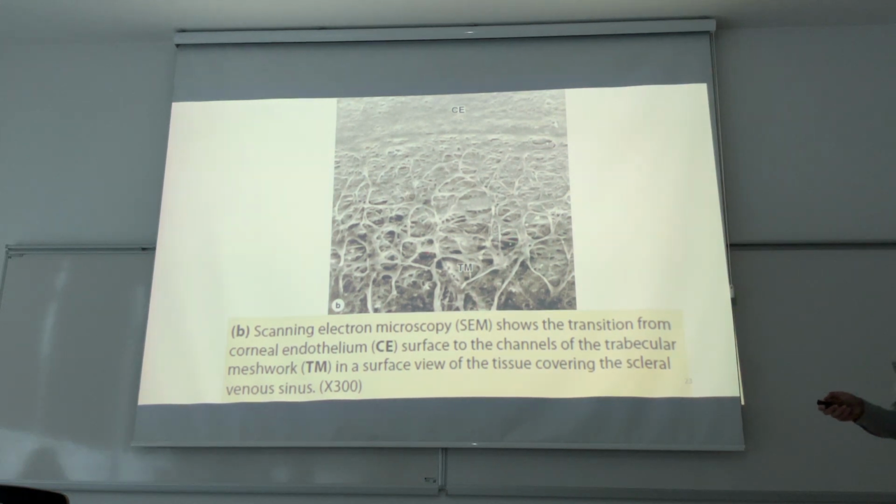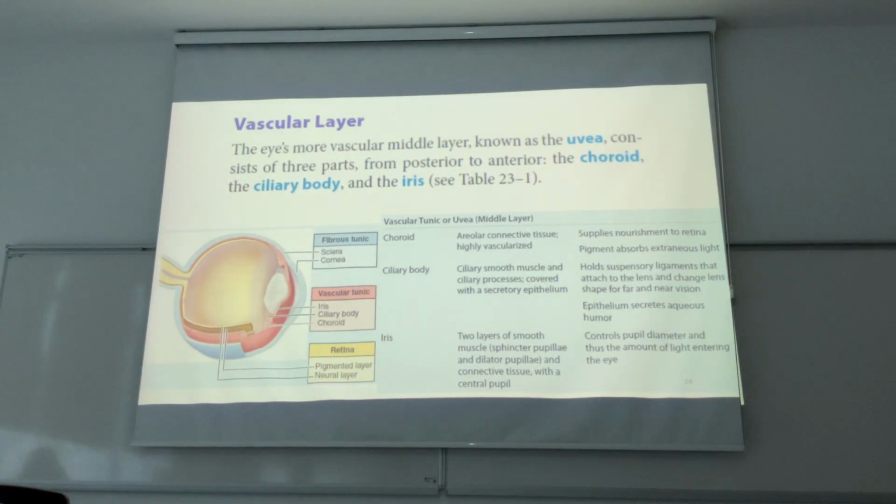These channels fill with fluid, and the fluid of the anterior chamber moves into this trabecular area and then goes to the Schlemm channel. Okay. Let me give a break, and then in our next lecture we are going to talk about the vascular layer.